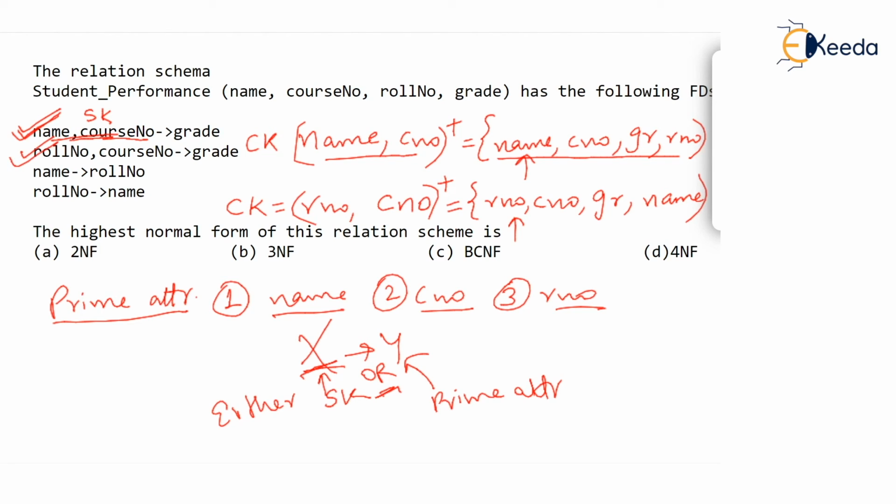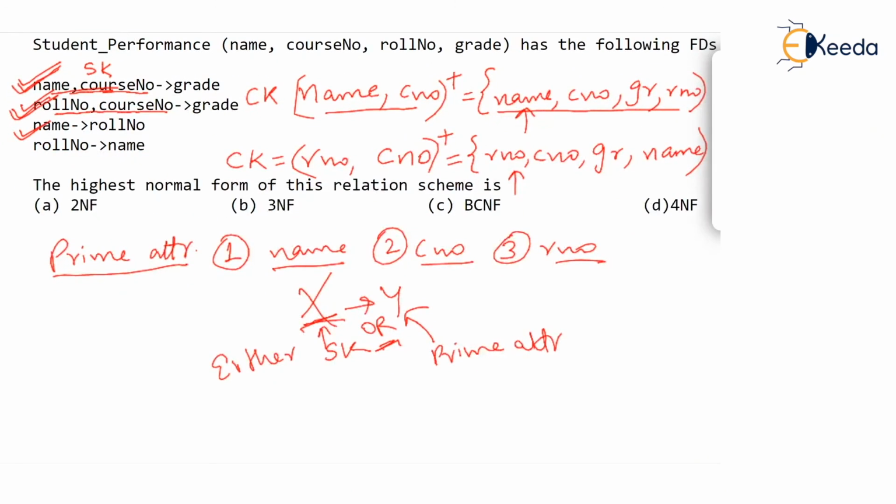Second dependency which I am ticking, roll number comma course number is also a super key because it is a candidate key. So this also allows 3NF. Now check the third dependency, name determines roll number. I'll write here separately. We have a dependency name determines roll number. Now left hand side is not a super key.